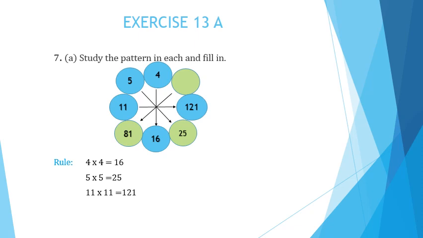The number opposite of 11 is 121, and how do we get 121? By multiplying 11 by 11. So, here we have 81, and how will we get 81? Well, by multiplying 9 by 9. So, our answer is 9.